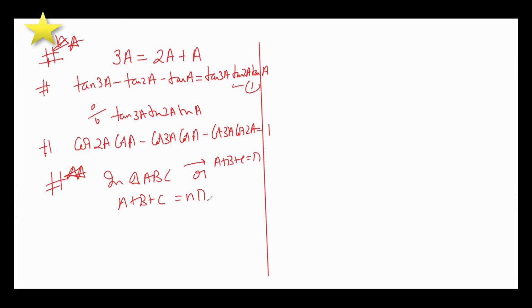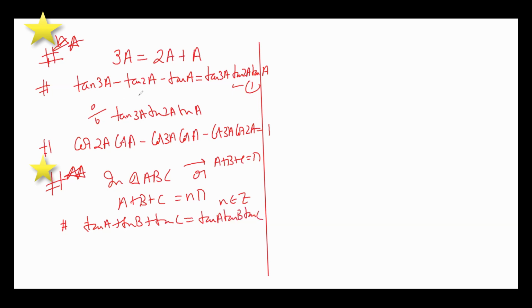But otherwise also, when this n belongs to integers, that means A plus B plus C is equal to pi, or A plus B plus C is equal to 2 pi, or A plus B plus C is equal to minus 3 pi, and so on. In that case, my result is tan A plus tan B plus tan C is equal to their product, tan A tan B tan C.